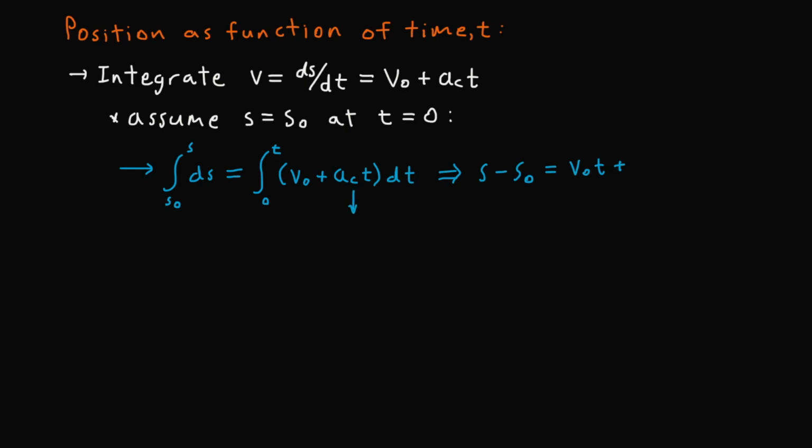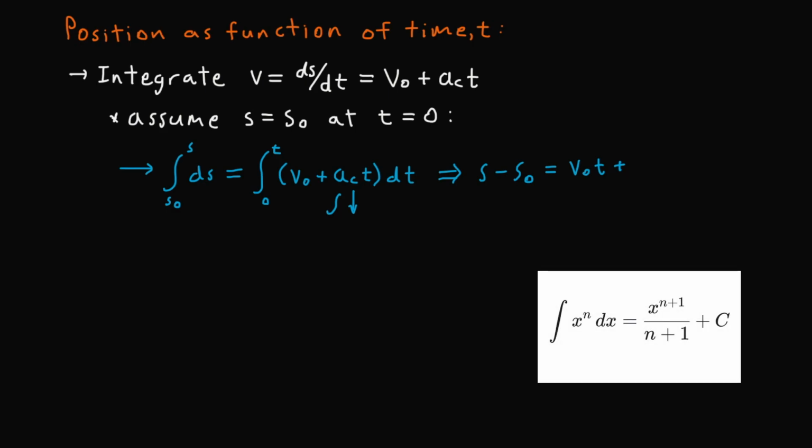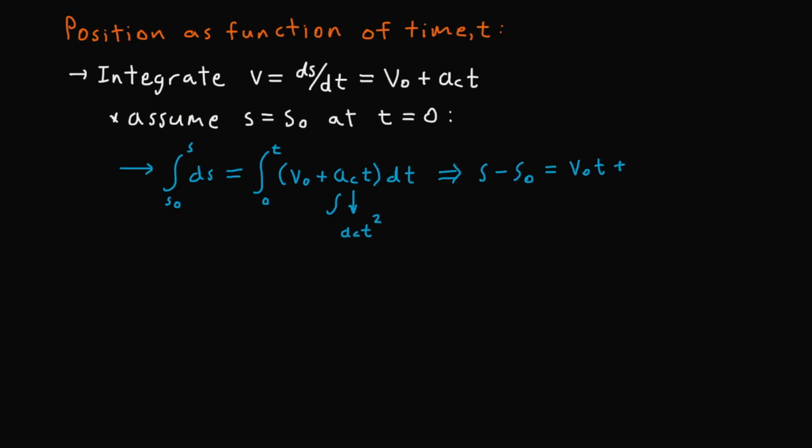So let's integrate that on the left side here. Using the integration rule, we get ac times t squared over 2. And when we check this by taking the derivative, we get 2 ac times t over 2, and the 2 cancels out, so we're left with ac times t. So hence this will be plus 1/2 times ac times t squared.